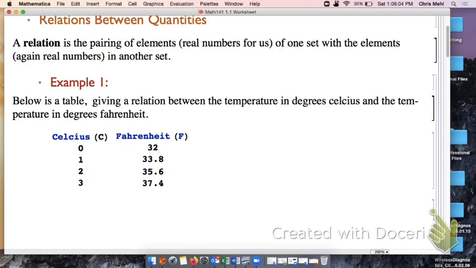So if you look down here in the third row, this is a pairing of 2 elements from each set in this relation. So when the temperature is 2 degrees Celsius, the temperature in Fahrenheit is 35.6. And again, a relation is any way of taking numbers from 2 different sets and pairing them together, and there's no rules other than numbers are paired between the sets.